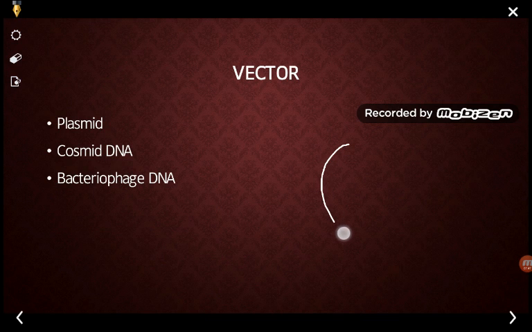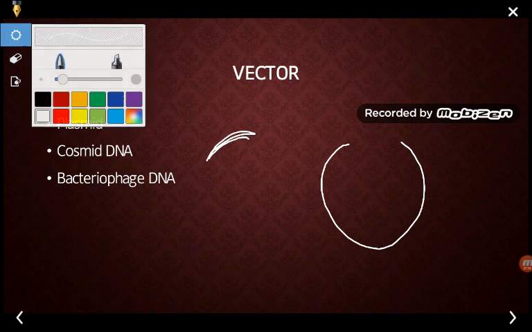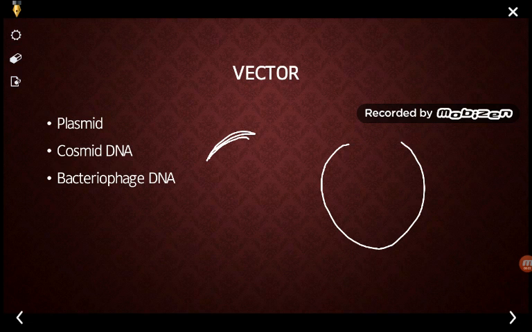So if this is our interested part of the DNA, and we are going to join it to the carrier, we can say that this is the vector. It is a carrier DNA which carries the interested gene.